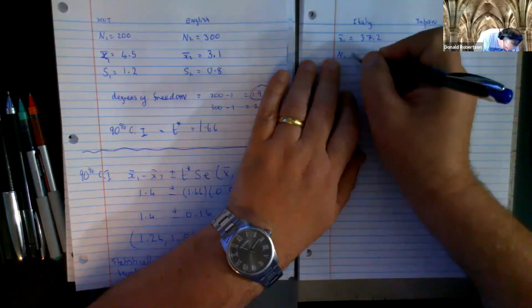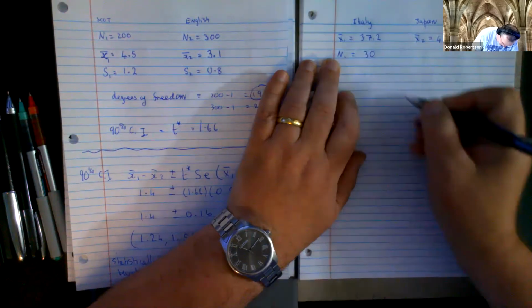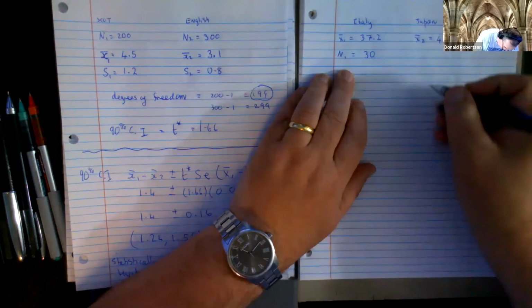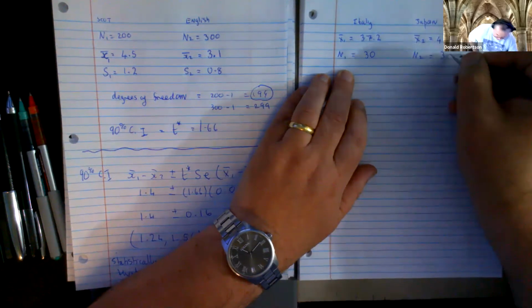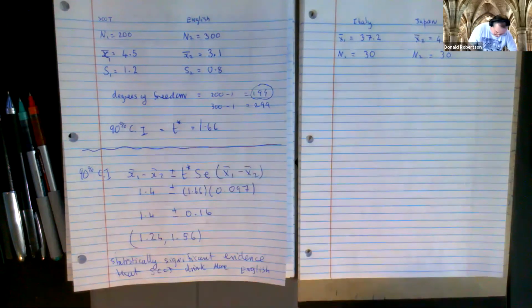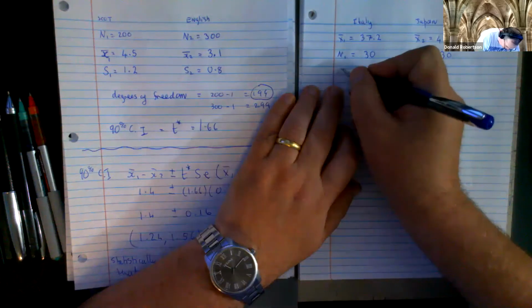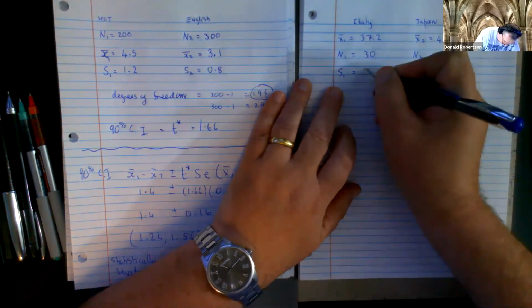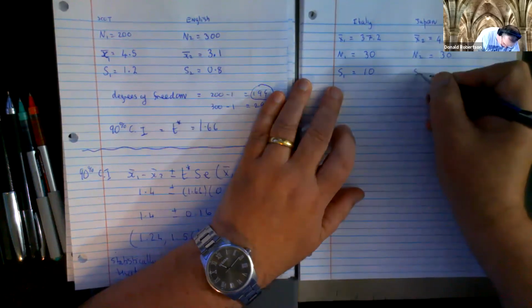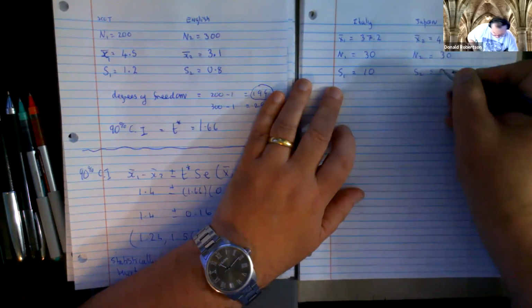I took a sample of 30 Italians to come up with that answer, and a sample of 30 Japanese. The standard deviation on this group was 10 years, and on this group was 11 years.